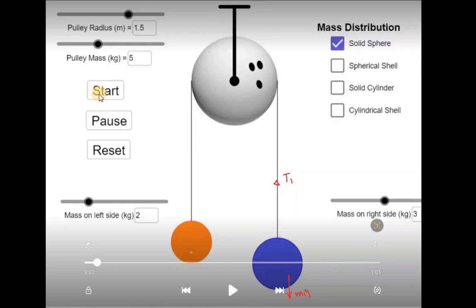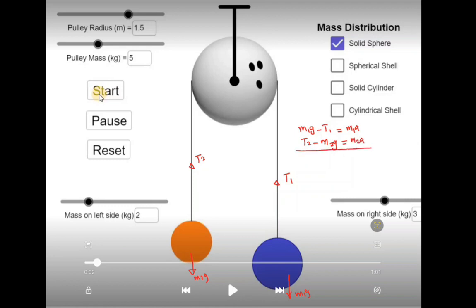Now in this case here we have weight M2g, and this is tension 2. Now let's start the analysis. The sum of all forces is equal to ma. Now M1g minus tension 1 is equal to M1a. And again, tension 2 minus M2g is equal to M2a.